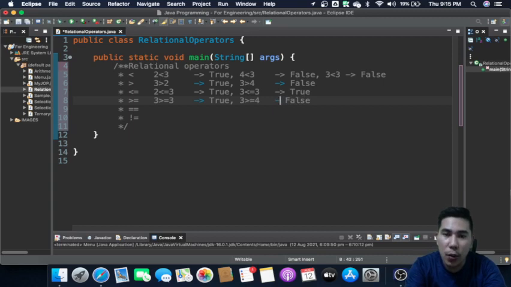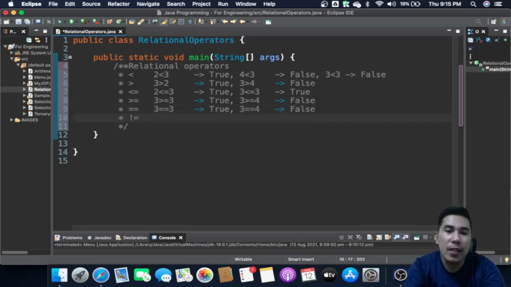Obviously you have the equal sign here, so you are not assigning 3 as 3, but you are making a comparison between 3 and 3 to see if they are equal. And something like this is so easy, this is false.